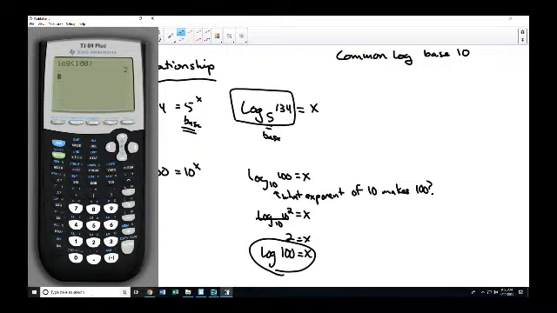Number one is just use your calculator. There it is. Log base. So go to the math menu, to A, log base, and it will give you a log where you can change the base. 5, 134. 3.043, right?